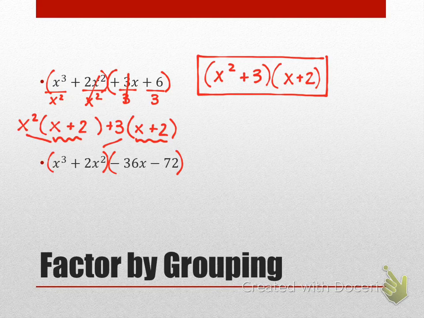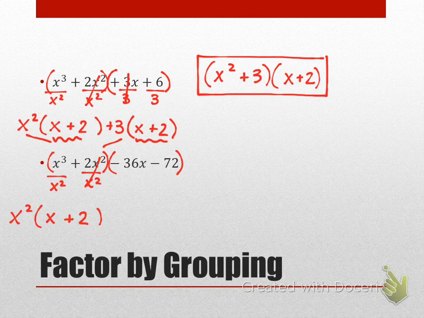Riley, what is the GCF of the first 2 terms? 1x squared. Very good. 1x squared, or we can just write x squared. If you want to write the 1 there, you can. So we write x squared on the outside of parentheses. X cubed divided by x squared is x. 2x squared divided by 2x is 2.